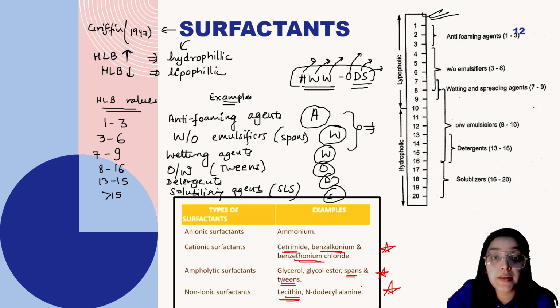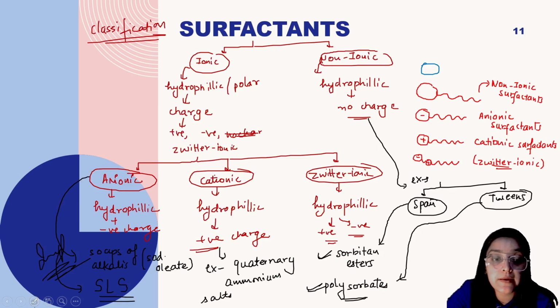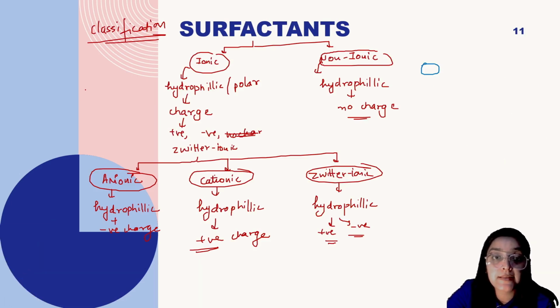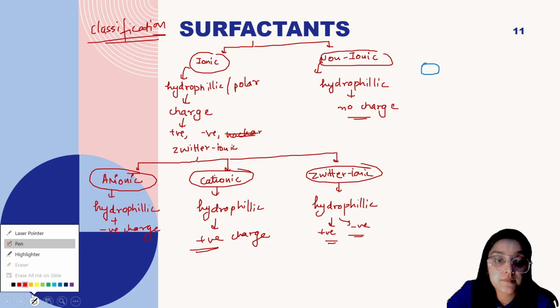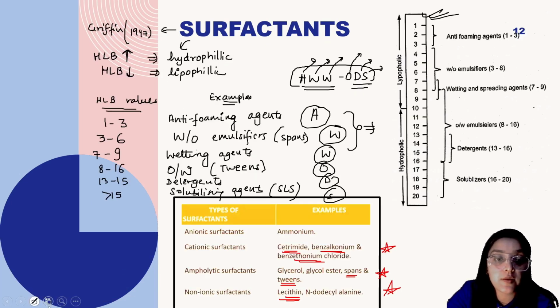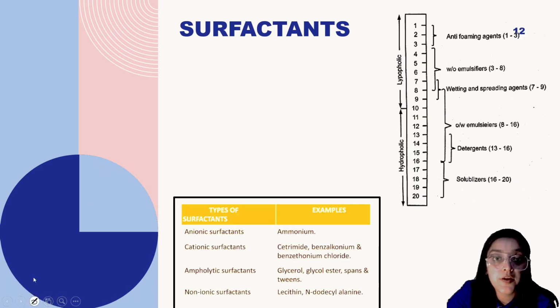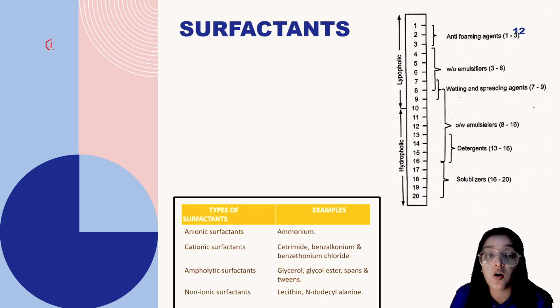Okay students, now let's move on to the next part, which includes the determination of HLB, right? So there is a very simple formula that is used. A lot of questions are asked from this point also.